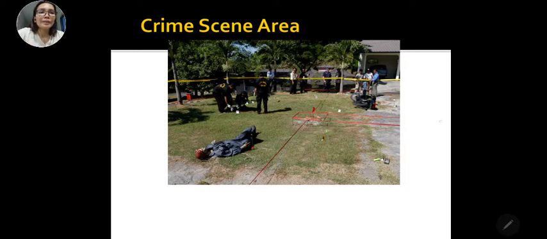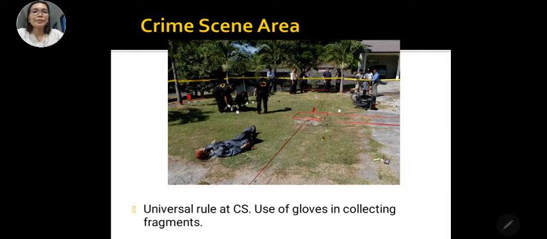So the universal rule in the crime scene is to use gloves in collecting fragments. So yung mga SOCO personnel natin or the members of the SOCO team, ang golden rule sa kanila is before sila pumasok sa crime scene or mag-observe or kahit ano, kailangan nakasuot na sila ng gloves at saka ng mask.